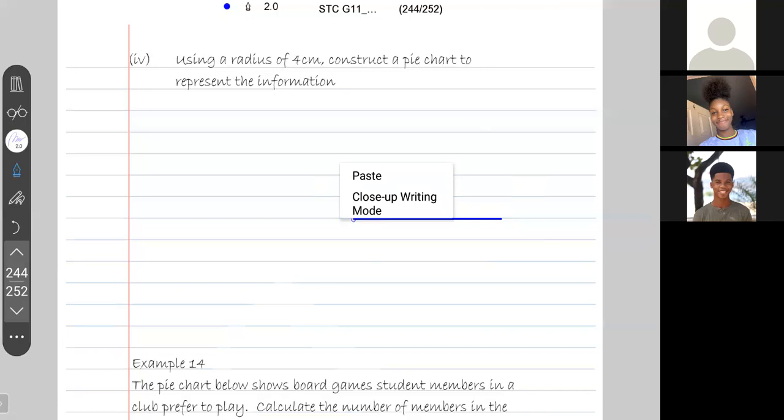All right, having a look at technical issues. Because I don't have a compass that can be used on this thing, I'm just going to try and do the best that I can.